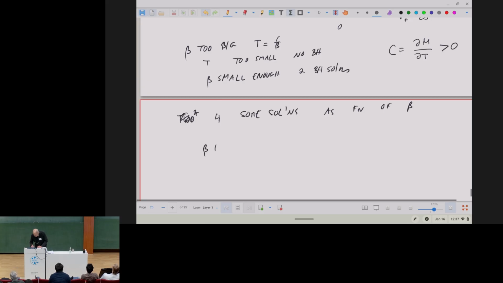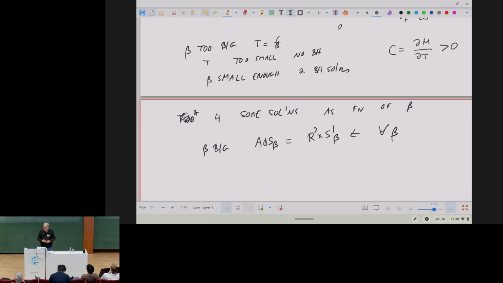If beta is big, what we might call AdS beta, which remember was topologically R3 times S1 beta. Remember, we have the solution that exists for all beta. So there's the solution with no black hole that exists for all beta. And if beta is big, that's the only solution we have, so we expect it dominates the path integral.